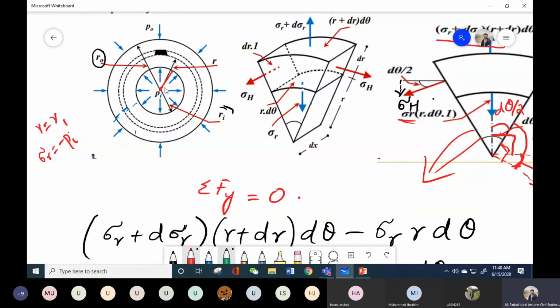Similarly, for the radius r equal to r naught, the radial stress is equal to minus the external pressure, because radial stresses are equal and opposite to the external pressure. In this case we also have the internal fluid, so the radial stress will be equal to the internal pressure. So this is the boundary condition for our case to determine these constants A and B, and we will apply it to our equation.